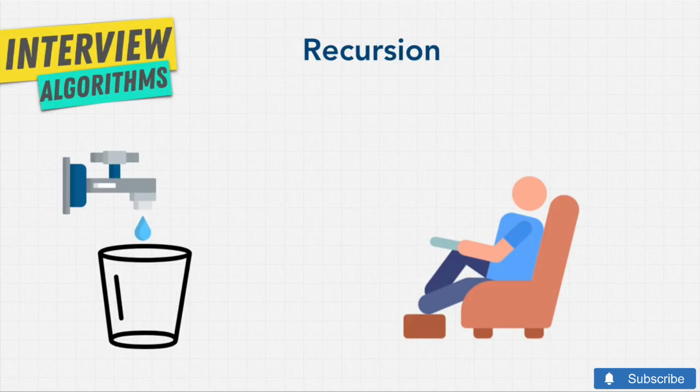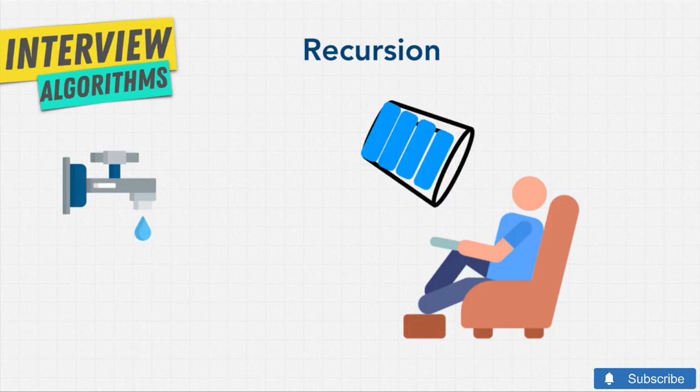When we talk about recursion in computer science, we're talking about a function that calls itself. This type of technique is really good at some problems because of its ability to maintain state at different levels of recursion. Just like our couchman watching TV here, recursion can be thought of as a glass that gets filled up with recursive calls of functions, and then we start popping from the top until the very last function gets popped off and returns a value.